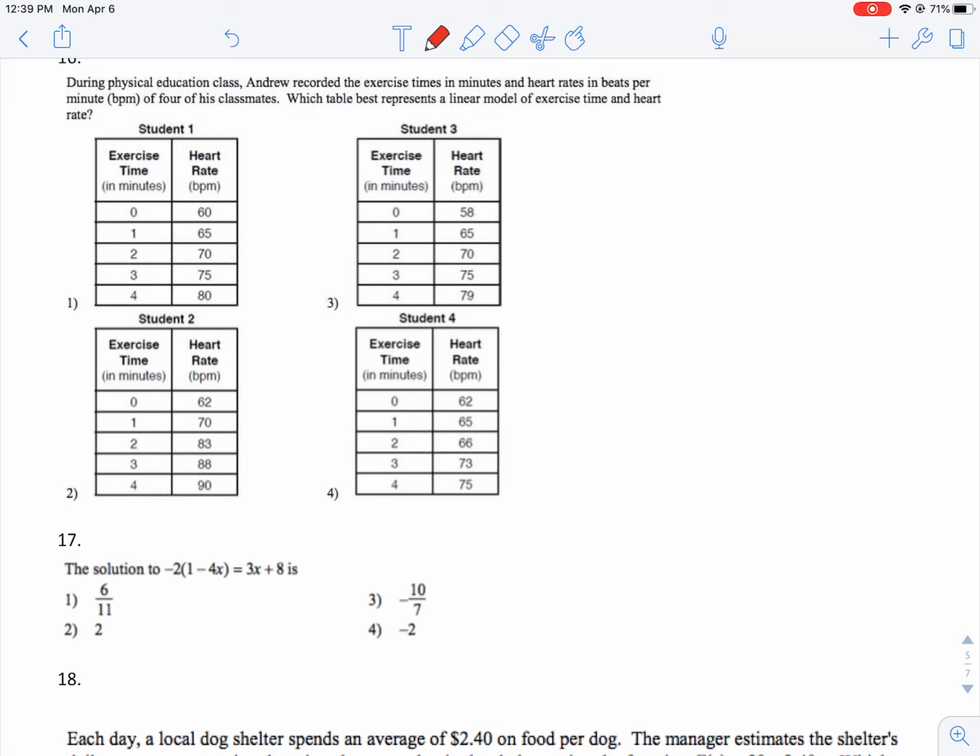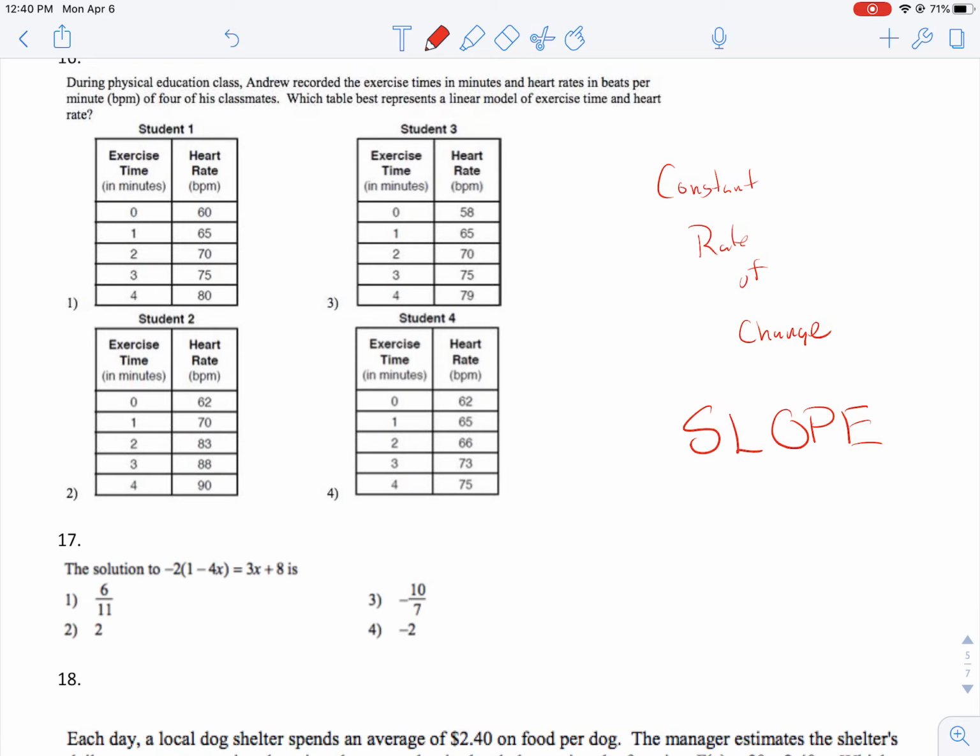Number 16. It says, during physical education class, Andrew recorded the exercise times in minutes and heart rates in beats per minute, BPM, of 4 of his classmates. Which table represents a linear model of exercise time and heart rate? So we're looking for a linear model, which means we're looking for a constant rate of change, in this case our slope.